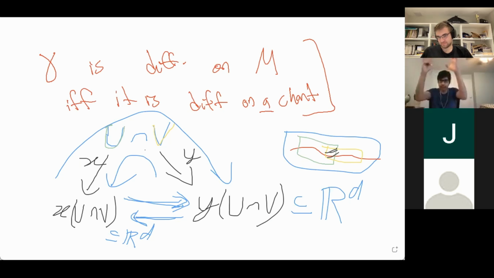You take an intersection of two charts. Either the two charts don't overlap, in which case there's no conflict, or if they do, you want to check their intersection. Basically, if it looks the same in both charts, if they're differentiable in both charts, kind of. Is that what this means? How about this? I was just thinking of an intuitive way to state this, and I came up with this.